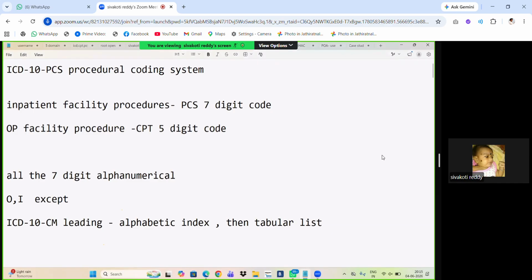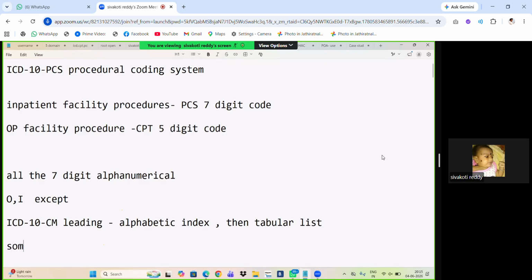As a coder, everybody is aware of ICD-10-CM coding, right? Simple. Alphabetic index, then tabular list. Will you get the complete code in the alphabetic index in ICD-10-CM? No, sir.